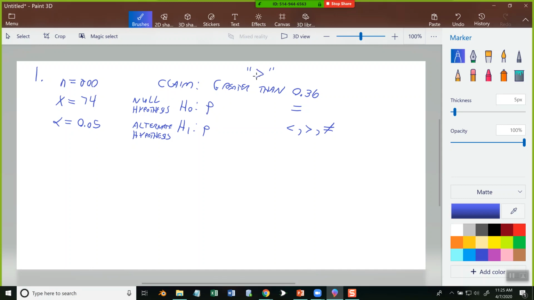If we're wondering where to put the greater than, the only place we can put it is on H1. So it'll be greater than 0.36, and the null will be equals 0.36.